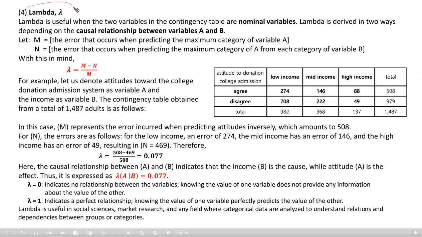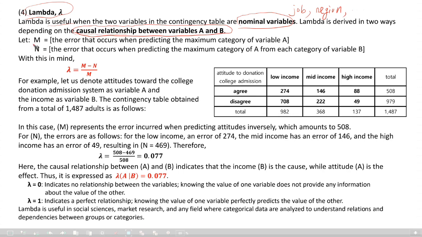Now, lambda. Lambda is a little more complicated measure. Lambda is useful when the two variables in the contingency table are nominal variables. You know nominal variables? Job, region, that kind of thing is a nominal variable. Lambda is derived in two ways depending on the causal relationship between A and B. Let me talk about the causal relationship a little later.